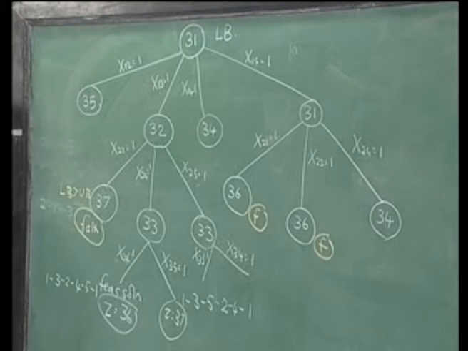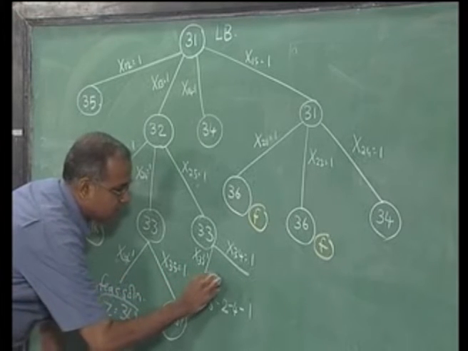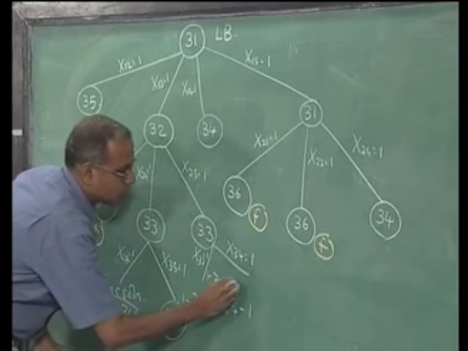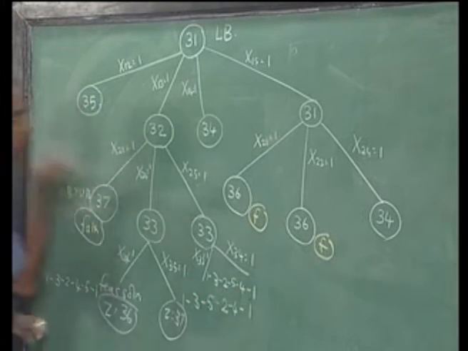So, here I get 1 to 3, 3 to 2, 2 to 5, 5 to 4, 4 to 1.